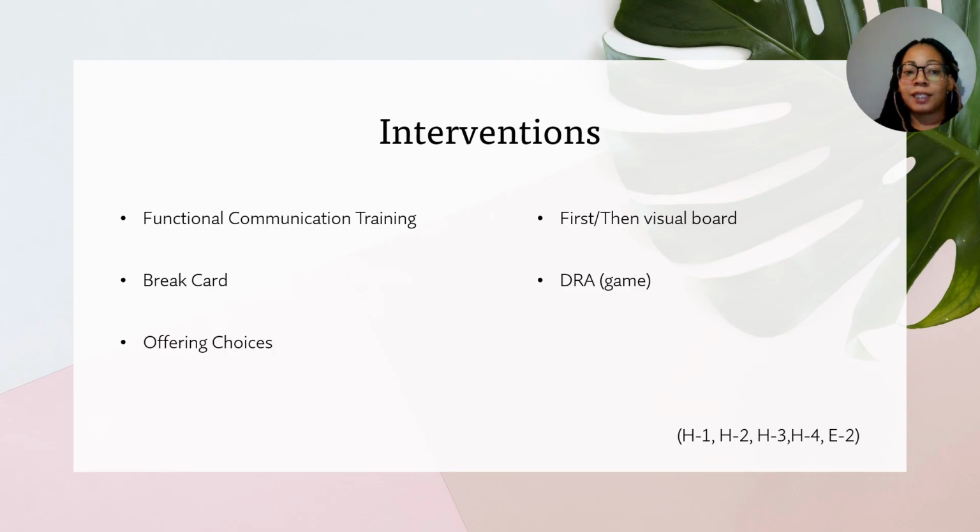On this slide, we will be discussing interventions used in this case study. I will also be discussing how BACB task list items were incorporated into this case study. Starting with task list item H3, which states: recommend intervention goals and strategies based on such factors as client preferences, supporting environments, risk constraints, and social validity.